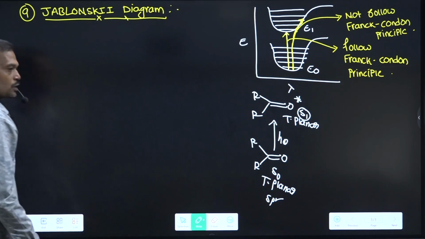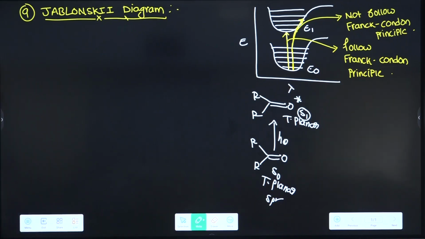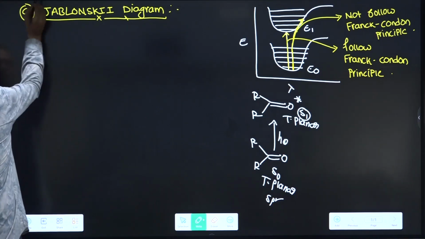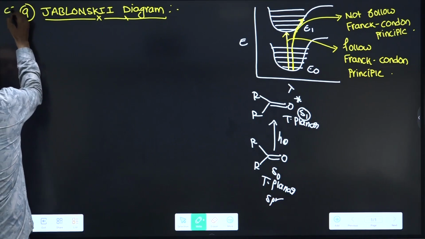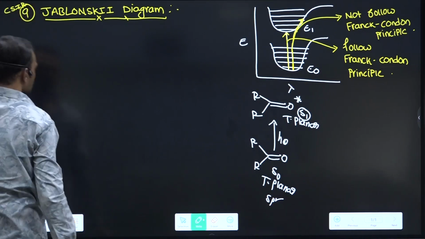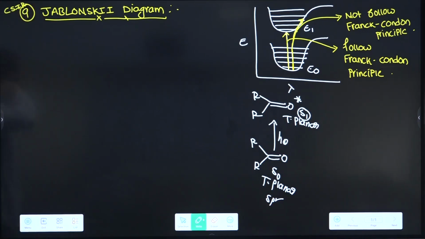Deactivation or de-excitation of electronically excited states of a molecule. From last year, two times in CSIR a question has been given from the Jablonski diagram. Very easy.